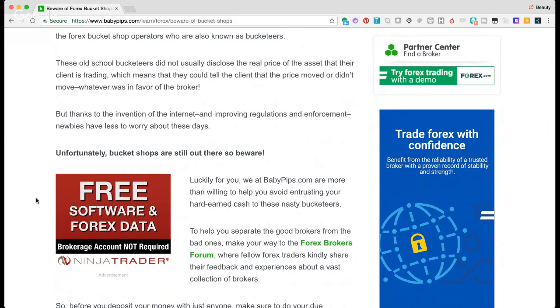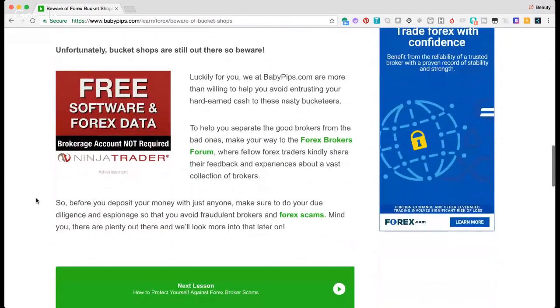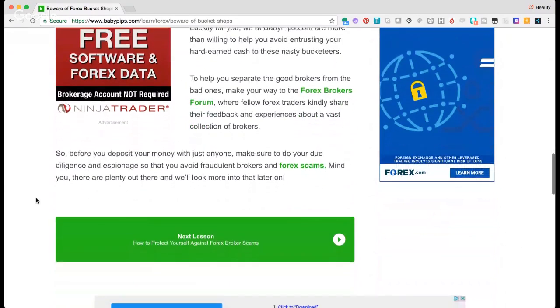Unfortunately, bucket shops are still out there, so beware. Luckily for you, we at BabyPips.com are more than willing to help you avoid entrusting your hard-earned cash to these nasty bucketeers. To help you separate the good brokers from the bad ones, make your way to the Forex Brokers Forum, where fellow Forex traders kindly share their feedback and experiences about a vast collection of brokers.